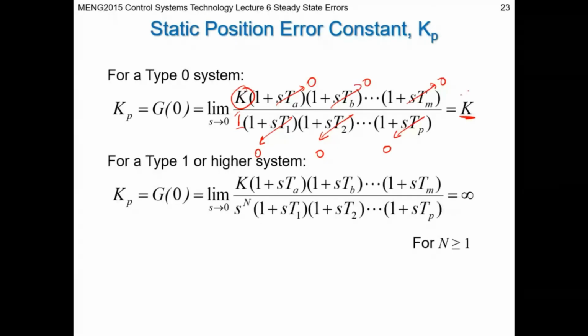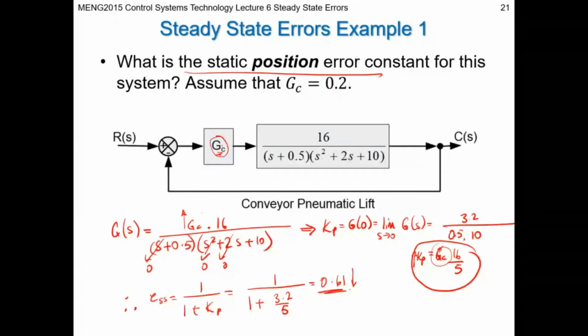And K in this case, we should point out, is what we call the loop gain. Because in the last example, the gain Gc was not the value of Kp. The value of Kp was actually Gc times 16 over 5.